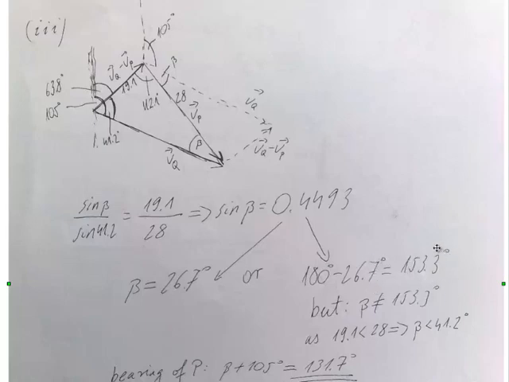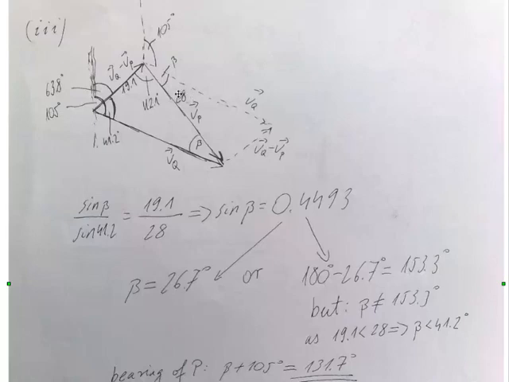It is here, but beta is not equal to this angle because this value is less than this side.